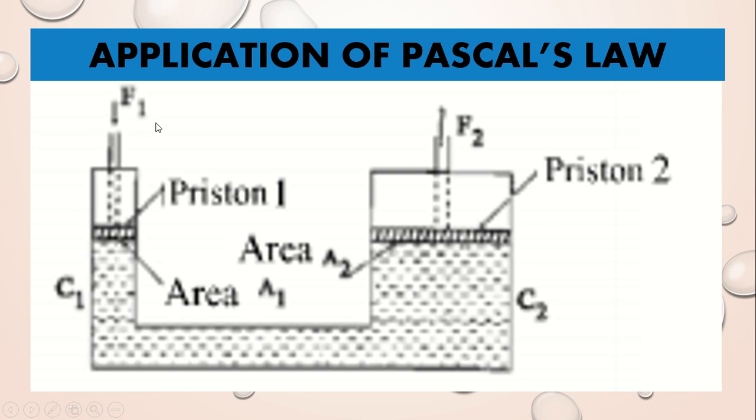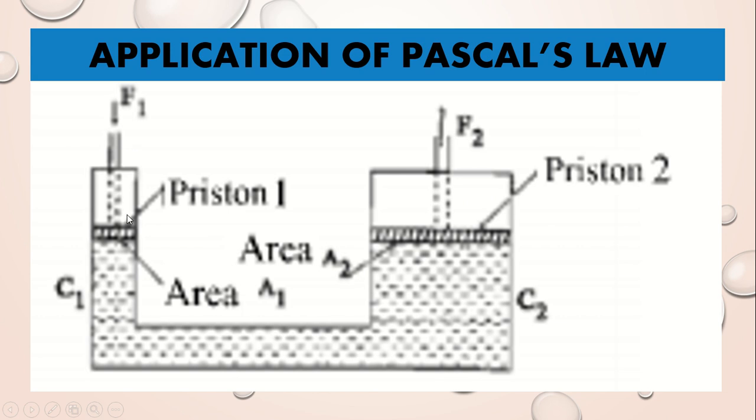This is an interesting example of Pascal's law, which shows us how force is multiplied. Look here. This is a U-shaped body. There are two cylinders, C1 and C2, connected with a pipe.